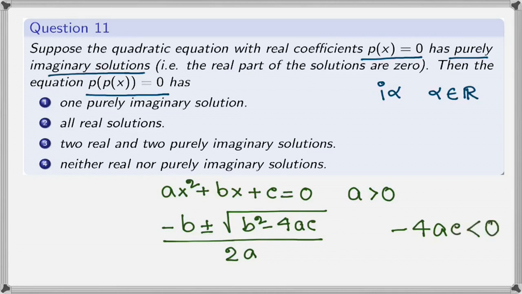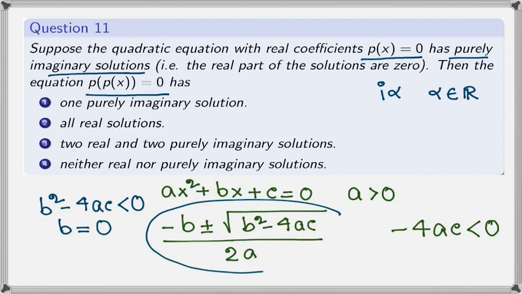Because since we know that the solutions are complex, from there we first conclude that b square minus 4ac is strictly less than 0, and then next we conclude that b is equal to 0 as the solutions are purely imaginary. Because if b is non-zero, then from here we can see that b would contribute to the real part of the solutions.